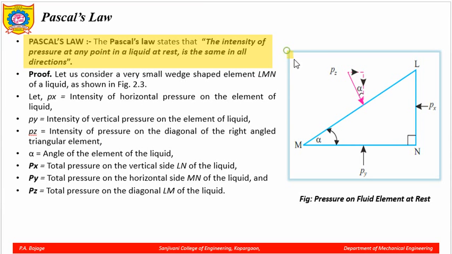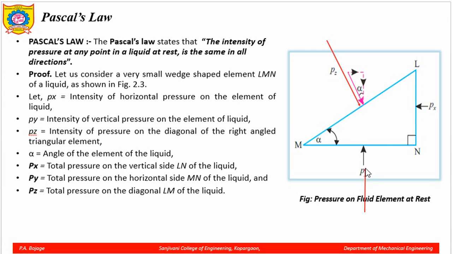Now, you can see in this figure a fluid element at rest. In this diagram you can see the Pz pressure, you can consider a triangular element, where Pz is the force acting on this plane Lm.